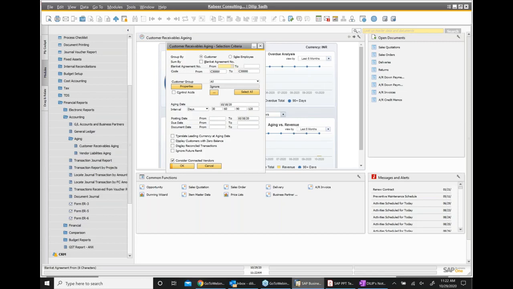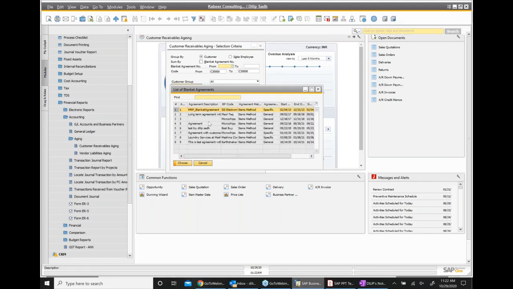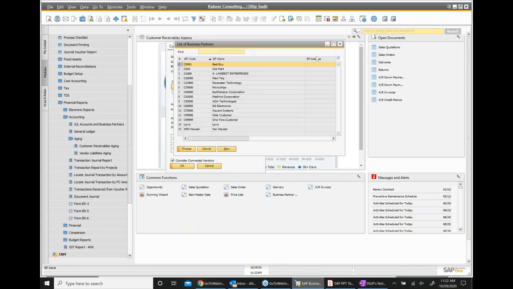Many times we have an agreement, and we can select the agreement also, using the blanket agreement number. These are some of the agreements which you actually created. And then I can select the customer also. Which customer do I want? All of them, some of them, one of them. So let's say I want this customer. Which customer group do I want?